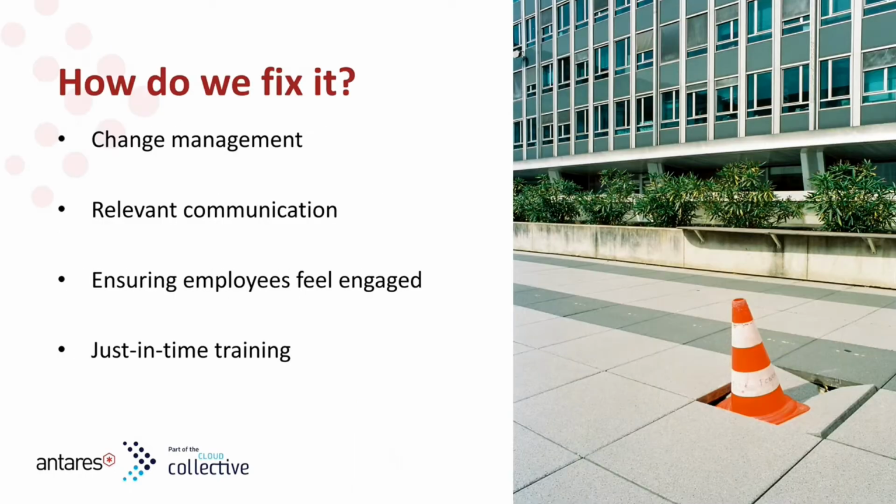Definitely. And how do we fix it? That change management piece along the bottom that goes from start to finish and beyond is the core way to fix the engagement issues, making sure people are communicated with, with relevant communication. Yep. We have the news coming out so they're not surprised by anything. They know the timings, they know the reasons why, and they're engaged with what's going on.